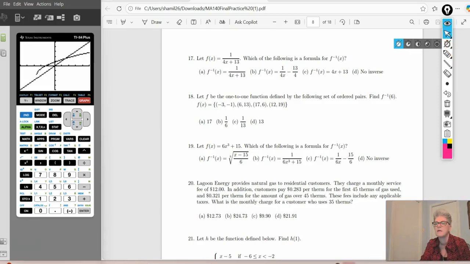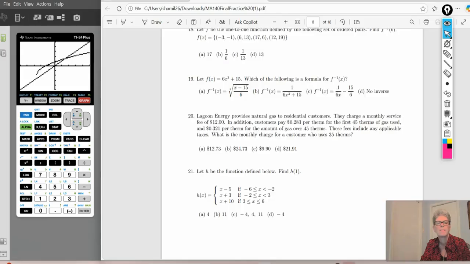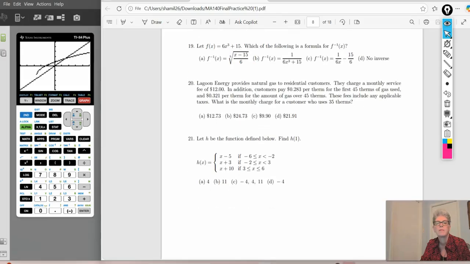Okay, so let's move this up a bit. Okay, we got another formula. Brilliant. Okay, so again, that has an inverse.